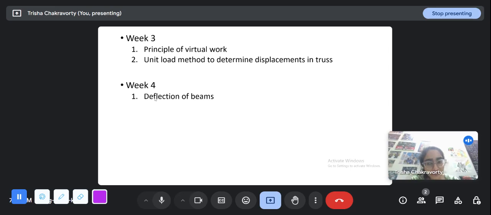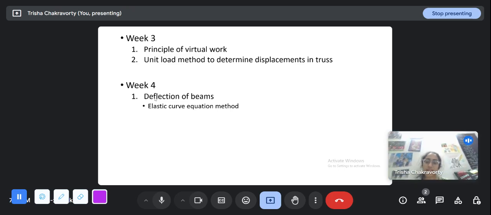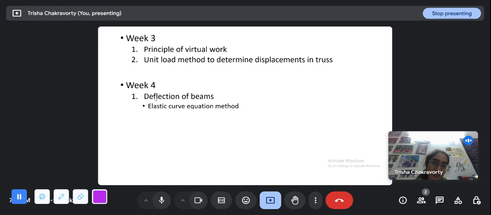So in week 4 and this week also, we are going to look at deflection of beams and how to find them. There are several methods. One method is the elastic curve equation method, where we start from the governing differential equation of the beam. That is related to the moment. So we need the bending moment equation in terms of x, and by twice integrating it, we can get y as a function of x, if y is the vertical displacement.